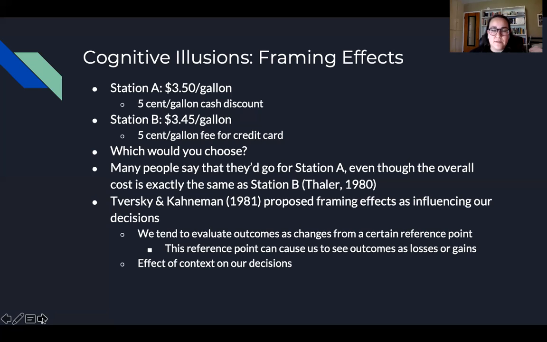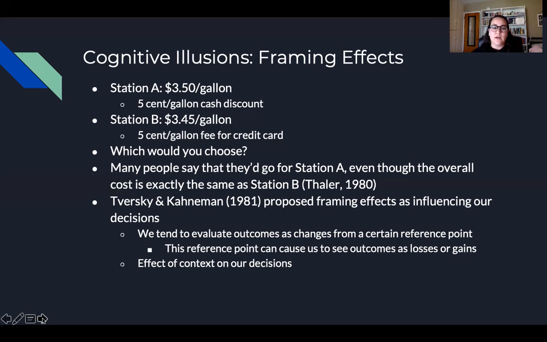And so this is that people are evaluating outcomes in terms of changes from some sort of reference point. And so they're looking at it within the overarching context of where they're presently at as they're trying to solve that problem. Depending on how the current state or the current problem is described and understood by them, they perceive certain outcomes as either gains or losses.